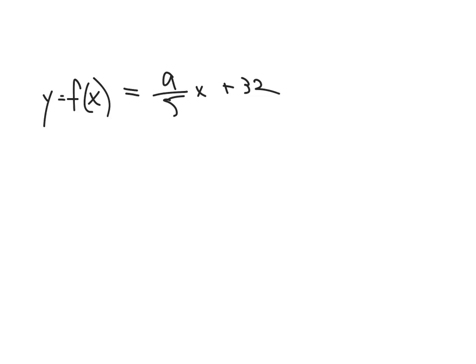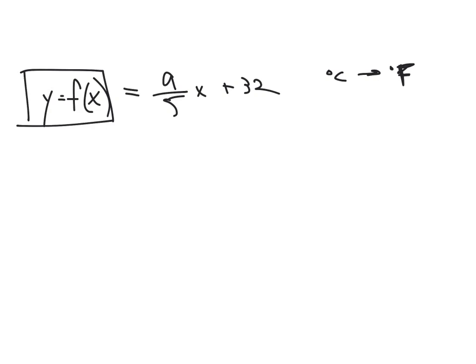So example 1, this equation. Notice, again, I've mentioned that y and f of x are the same, just a little reminder there. If I want to convert degrees Celsius to degrees Fahrenheit, I use this function.